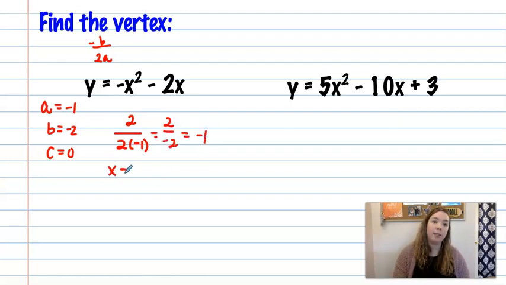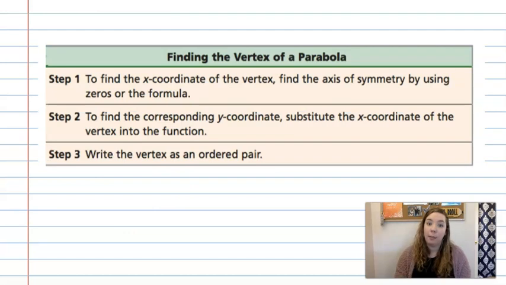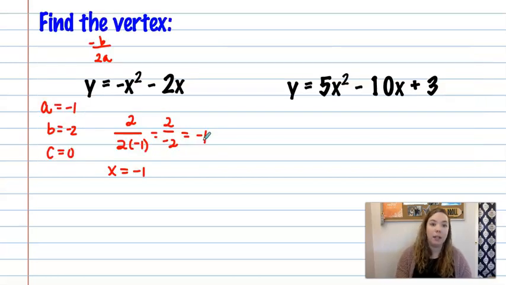So we know x is negative 1. That's step 1 in our steps to find the vertex. So now we're going to move on to step 2 and find the corresponding y-coordinate by substituting the x-coordinate back in. So I'm going to take this negative 1 and I'm going to plug it back in for x.